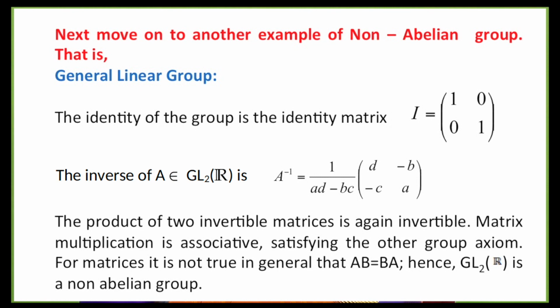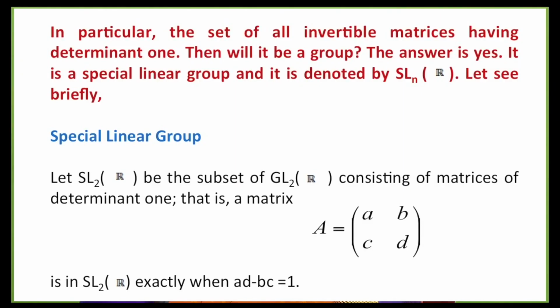Hence, GL2R is a non-Abelian group. In particular, the set of all invertible matrices having determinant 1, will it be a group? The answer is yes. It is the special linear group and it is denoted by SLnR.